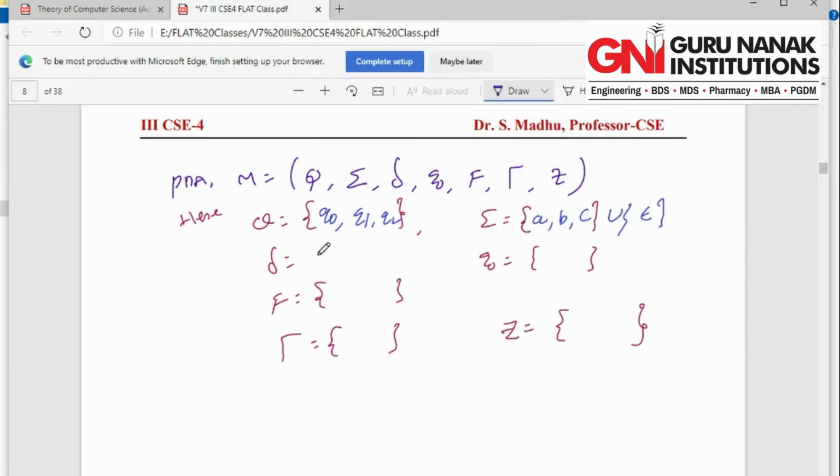Next, just write the transition function. Initial state is Q naught, final state is Q2. Then what are the stack symbols? Rho is nothing but the stack symbols: R, B, G. What is Z? The starting symbol of the stack is R. Please write down. So this is the complete answer for this problem.